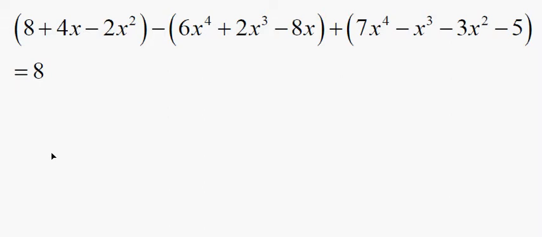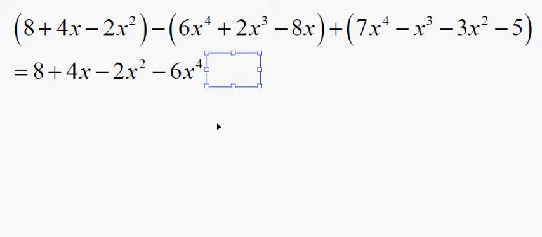Let's get going. First, we're just going to bring the 8 down. This should be plus 4x. And we'll go with minus 2x squared. Continuing on, we should have minus 6x to the fourth. Now we're going to change the sign here, so we'll have minus 2x cubed. And changing the sign again, plus 8x. That's it.